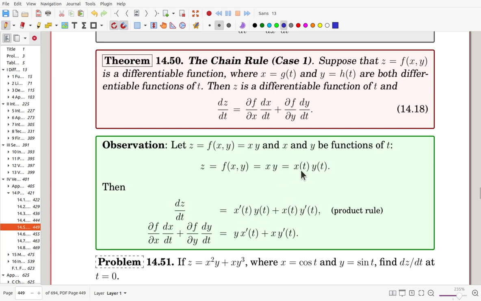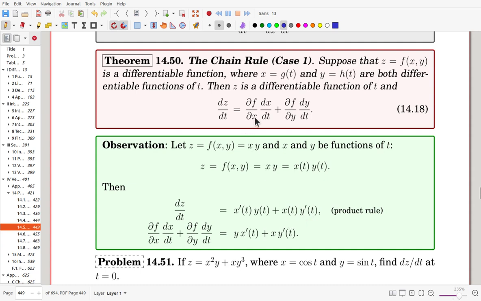For this component, first we apply the derivative, x prime times y, plus for this one, we apply the derivative, so it's x times y prime. This is the product rule.